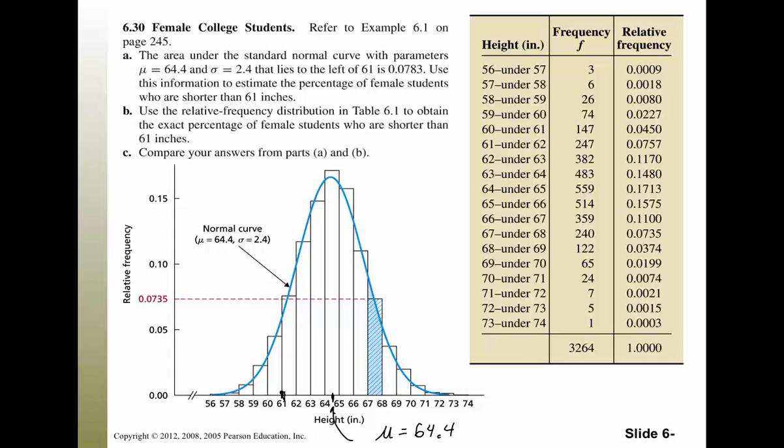So here's 61 inches tall. To the left would be heights less or greater than 61? Less. These are heights less.